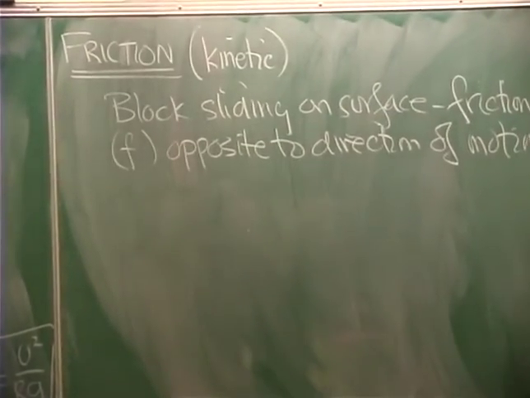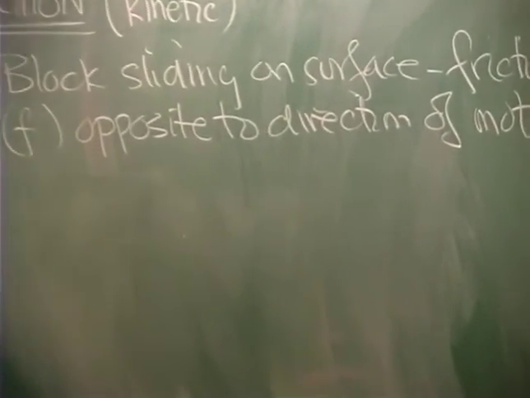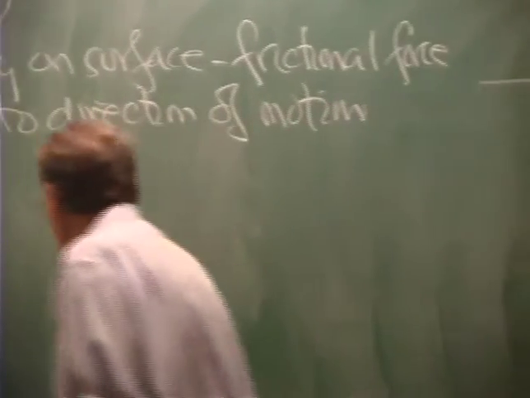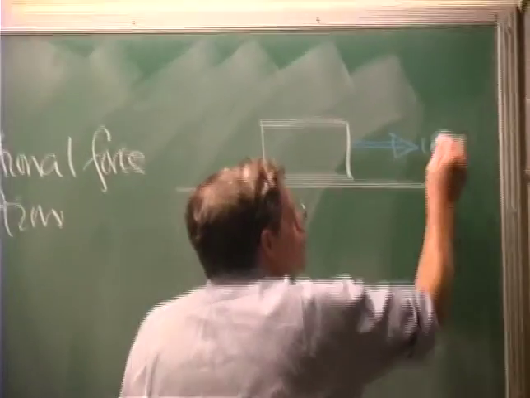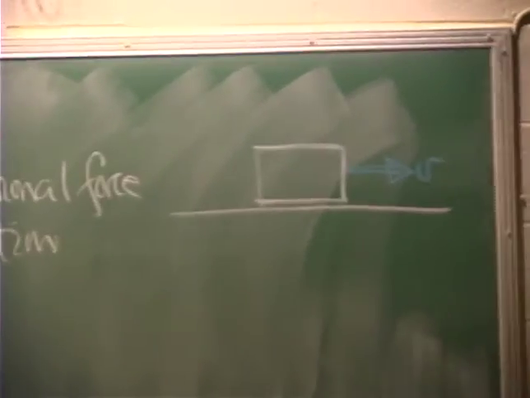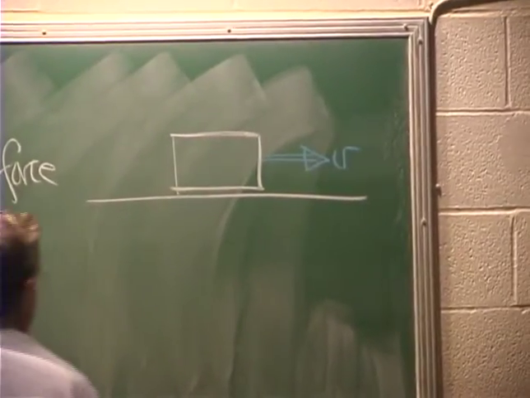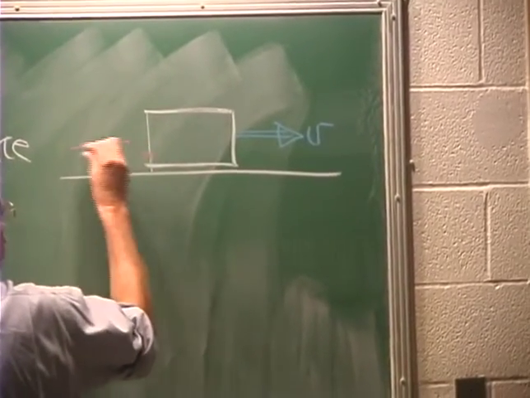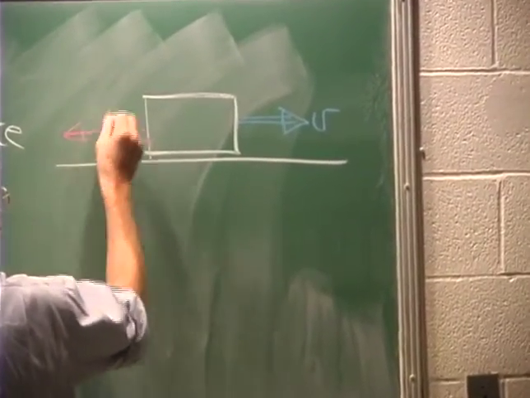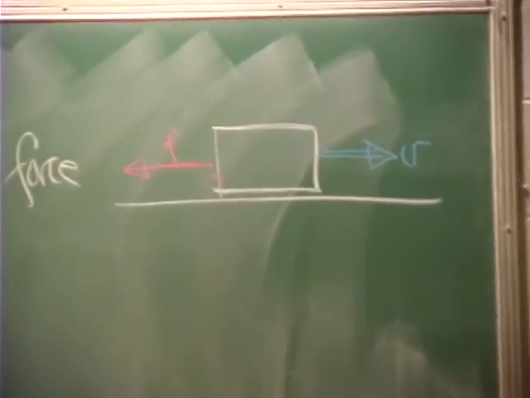So here's a picture of it. There's the object. It's moving along. Velocity is good. Moving along like that, and there's going to be a frictional force acting on it, always in the backward direction.